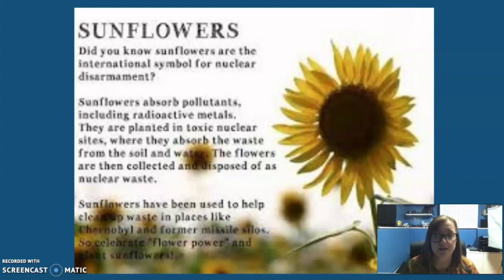So when you've got nuclear reactors or you're trying to get rid of toxic nuclear sites, what they do is they actually plant sunflowers, because sunflowers are an amazing plant that is able to suck up the waste, especially the nuclear waste in the soil and in the water supply there, and then be removed, and they will clean up the area. Now, it's not magic, but it is really, really cool.